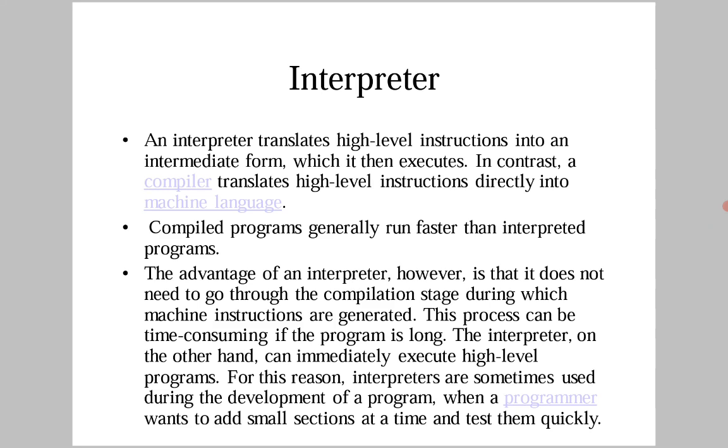There are many differences between an interpreter and a compiler. An interpreter translates high level instructions into an intermediate form which it then executes. In contrast, a compiler translates high level instructions directly into machine language. So the main difference is that the compiler translates instructions directly into machine language, whereas the interpreter translates instructions one by one.